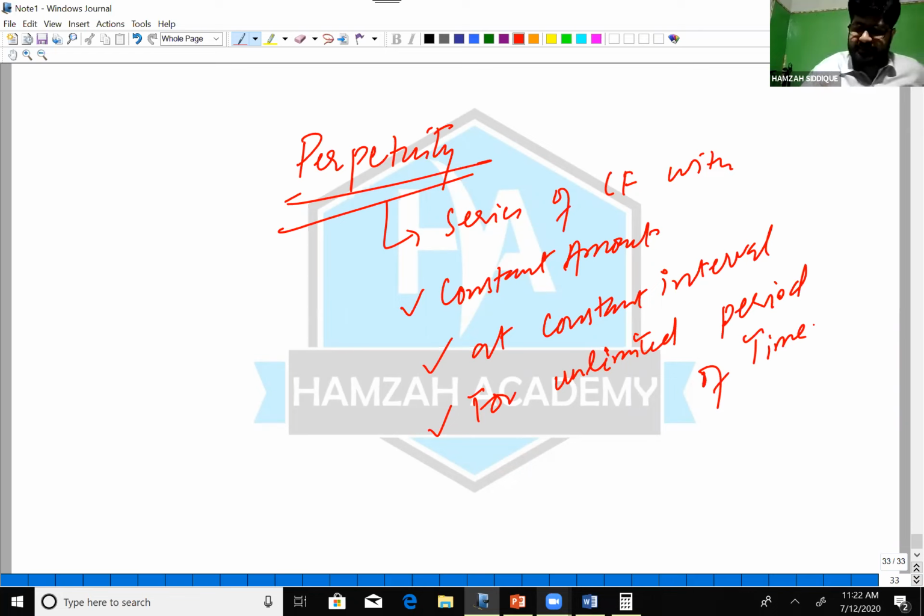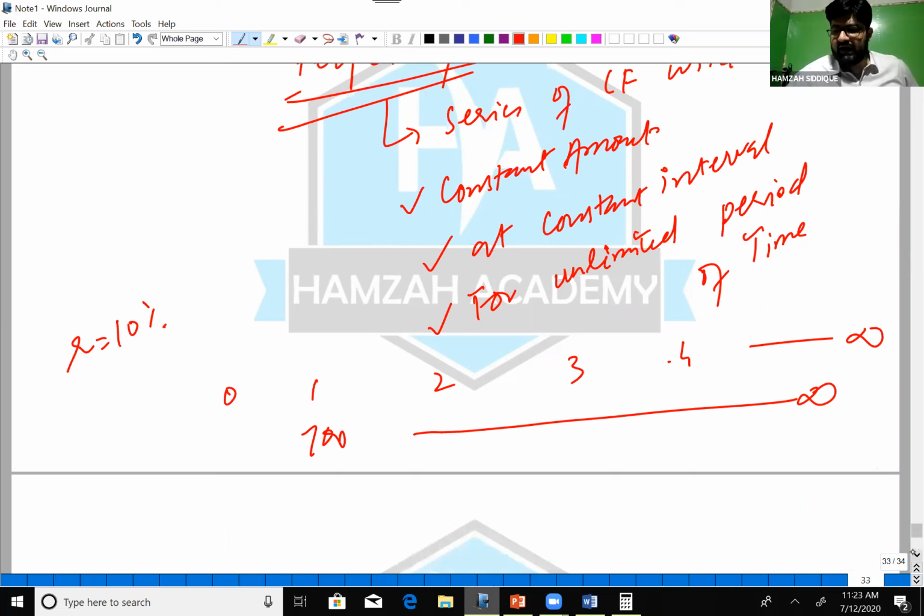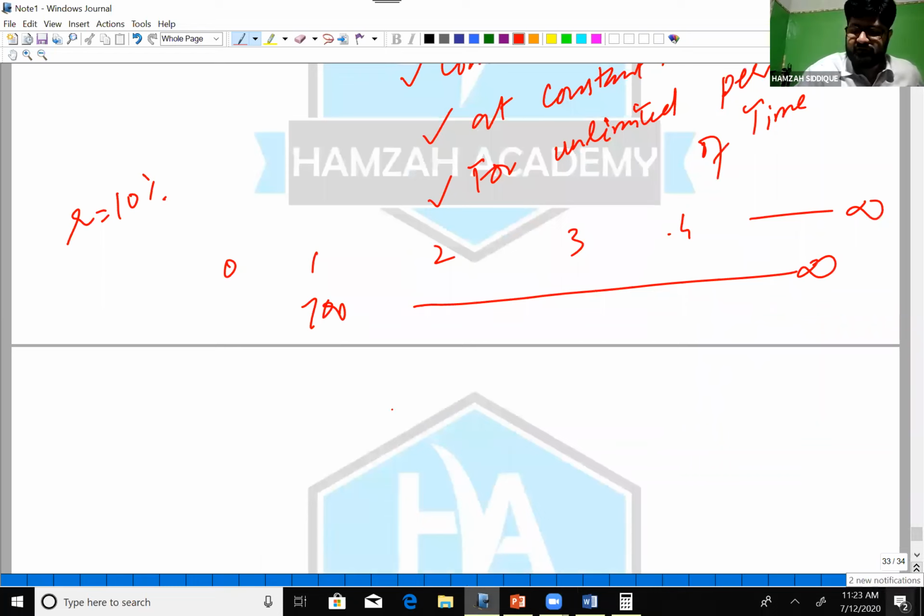Now, for example, students, you are getting cash flows of 700 from next year and in the foreseeable future every year. R is equal to 10%. So perpetuity, indefinite period. So present value is equal to annual cash flow into 1 over R. This is the perpetuity factor.